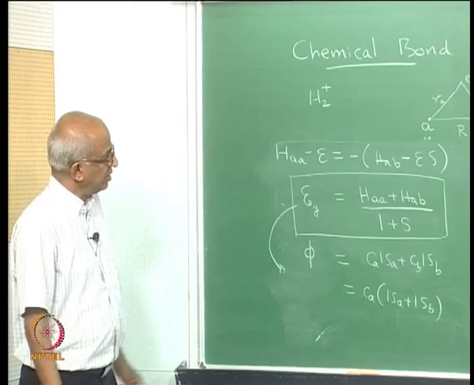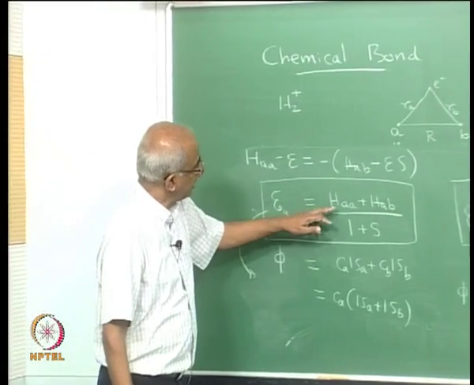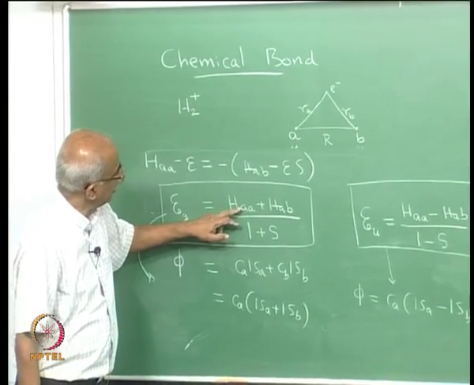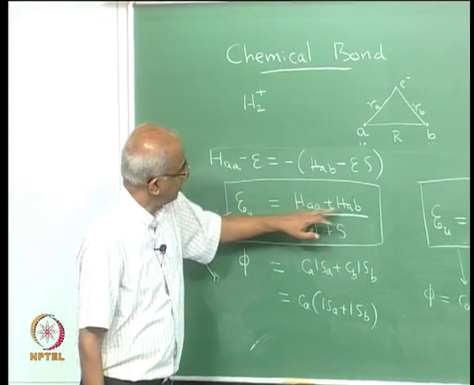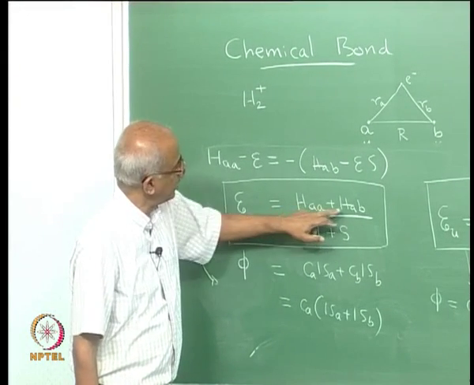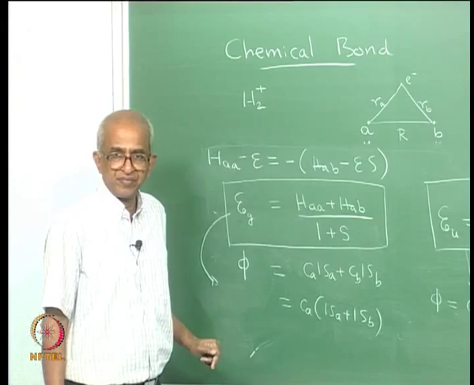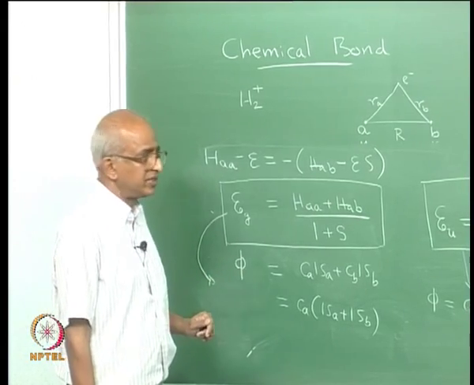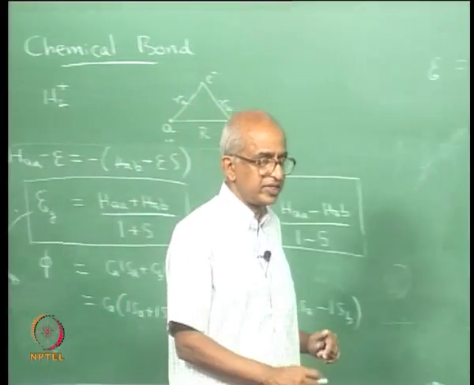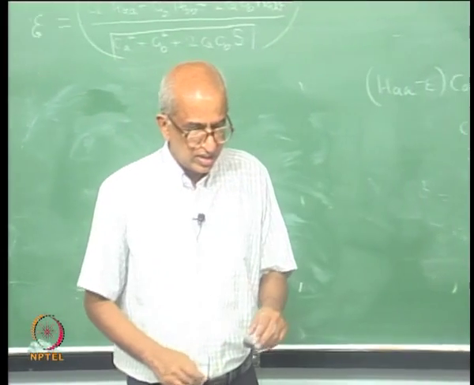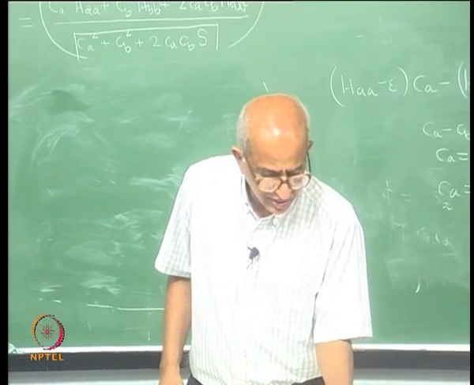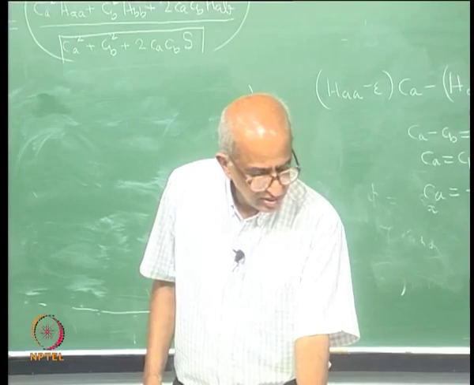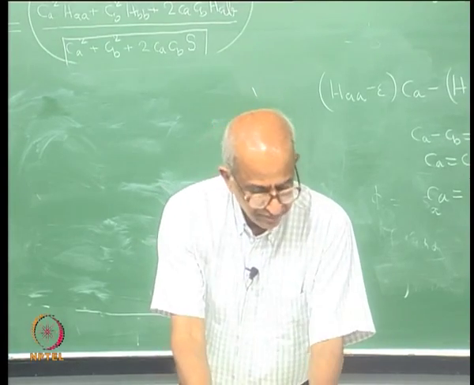Fine. Now, what we can do is we can evaluate the expressions for HAA and HAB. Just for the sake of completeness, I will write the expressions. I am not going to derive them, and these expressions are slightly more complicated. They are rather difficult to derive.